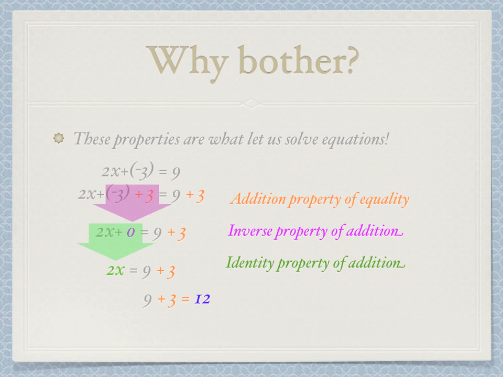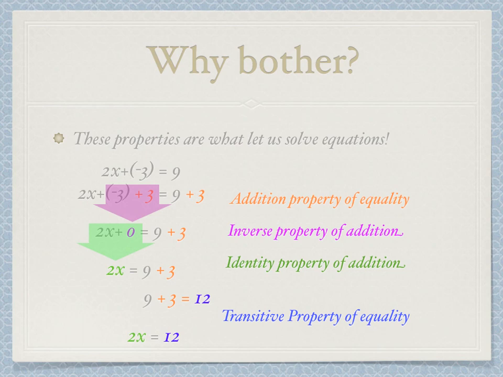We know that 9 plus 3 is equal to 12. And we also know that 2x is equal to 9 plus 3. Well, if 2x and 12 are both equal to that quantity 9 plus 3, then 2x and 12 must be equal to each other. That's the transitive property of equality.